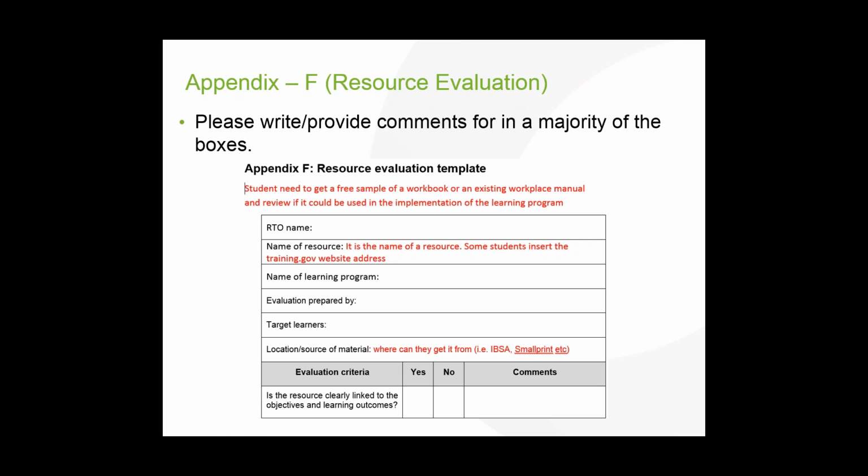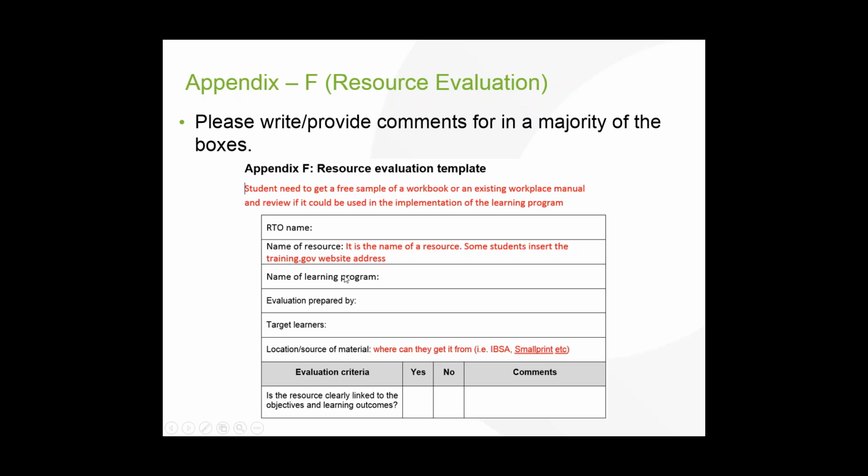But the important part is, after reading the evaluation criteria and marking it yes and no, don't forget to write comments. If you are not writing comments, we are not considering it up to standards. You need to write comments for the majority of evaluation criteria. If you are writing comments for 2 or 3, it's not up to standard. We will definitely ask you to update it. So write comments for the majority of the boxes.